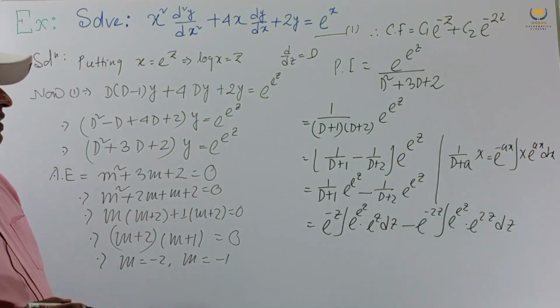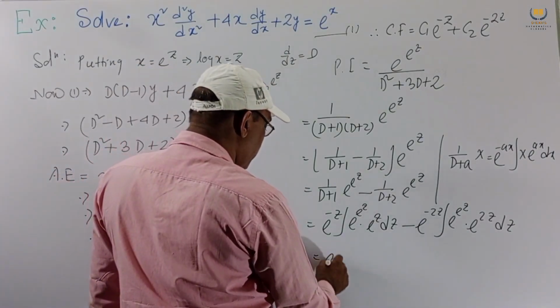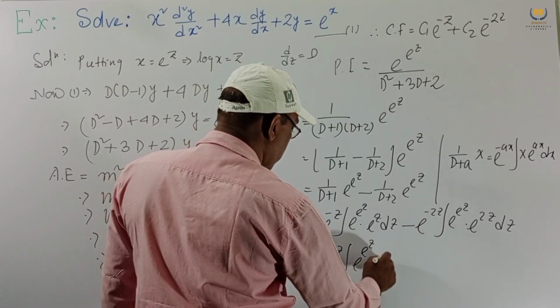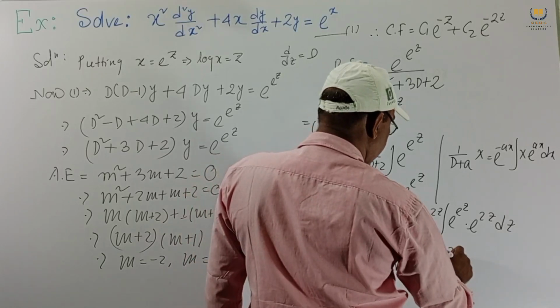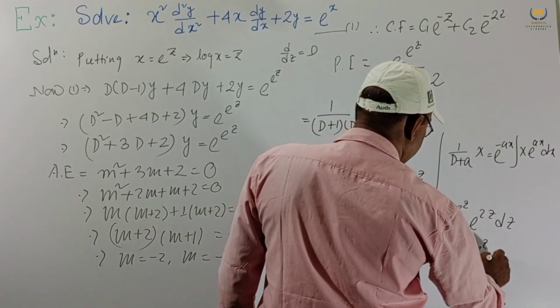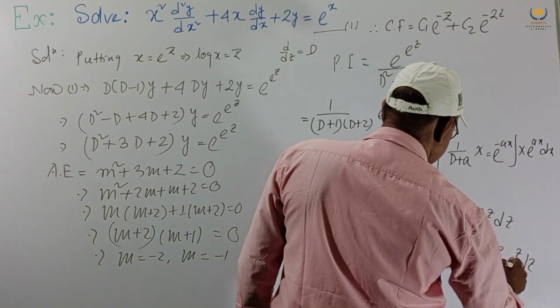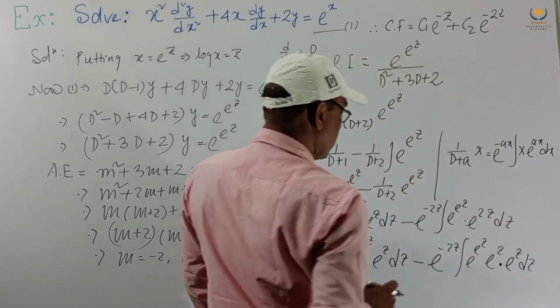We write this. Now e^(2z) can be written as eᶻ eᶻ.